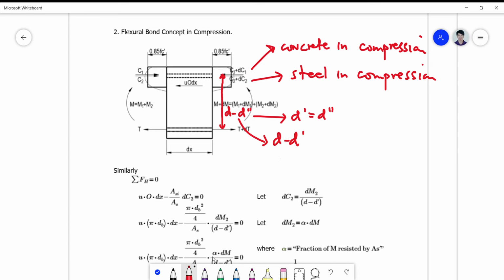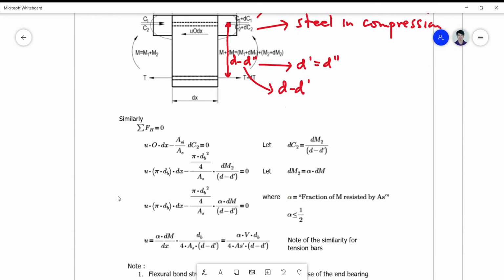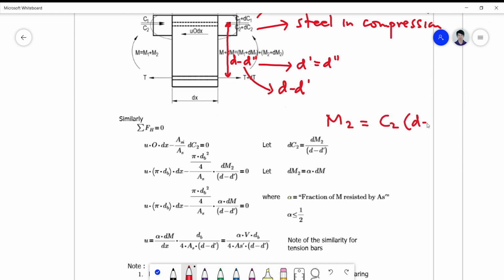Manipulation again will yield πdB squared over 4 for 1 bar, AS for the total, U is πdB, DC2 is dM2 over D minus D prime. How did we come about that? Because your M2 is simply equal to C2 times D minus D prime.